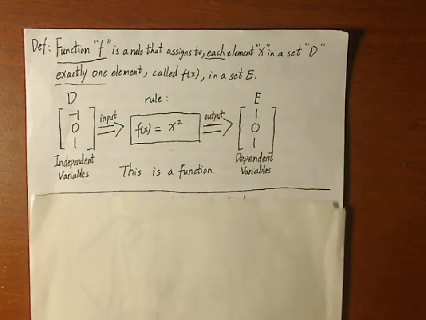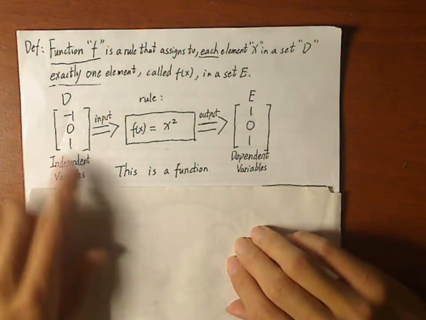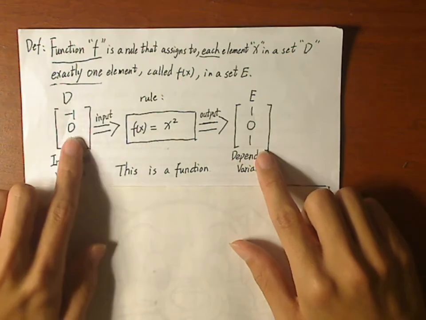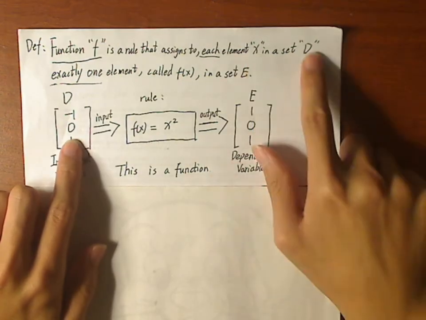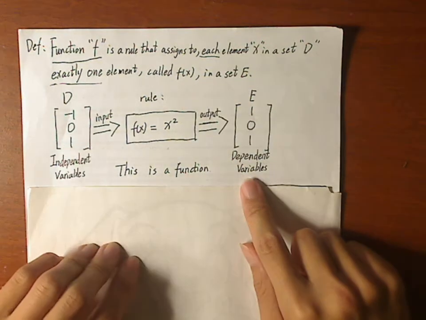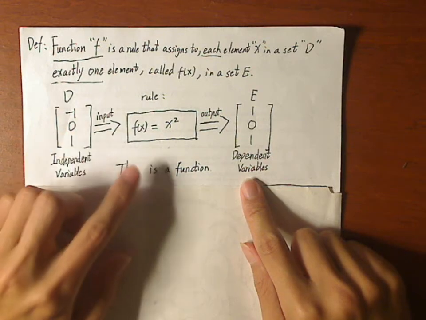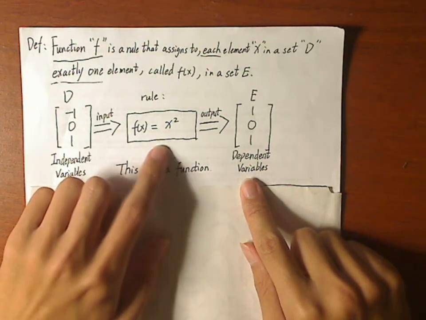Now I'll show you this diagram. We have D and E, two sets. D is for x, and E is for f(x). D are the numbers you put in based on the rule.